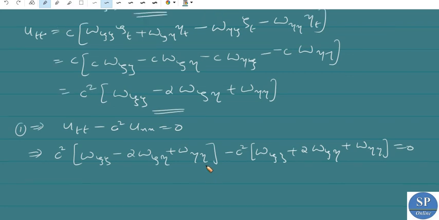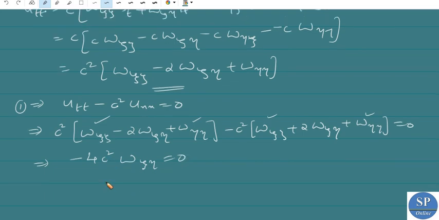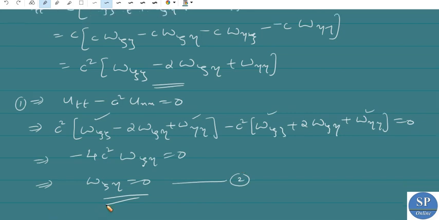Okay, so we have w zeta zeta minus c square w zeta zeta, so this is cancelled and this also cancelled, and this implies minus 4c square w zeta eta equal to 0. So this is the required canonical form. Okay, this can be expressed as w zeta eta equal to 0, which is the required canonical form of our one-dimensional wave equation.